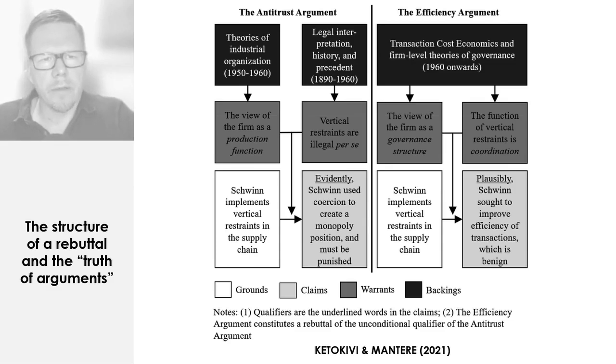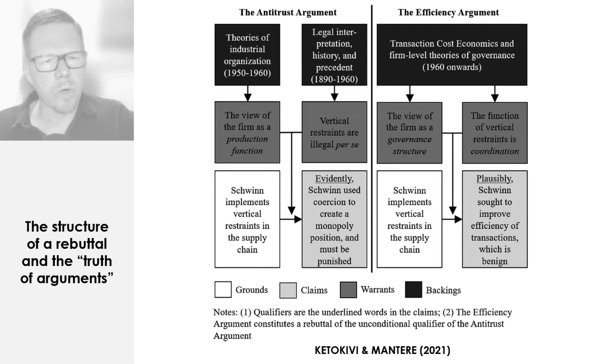Should we look at the backings in terms of truth? Well, no, those are just different intellectual foundations: theories of industrial organization, transaction cost economics, firm-level theories of governance. They're simply ways of seeing. So they're more like social structures, intellectual structures. Are these true or not? It just doesn't sound like a relevant question.